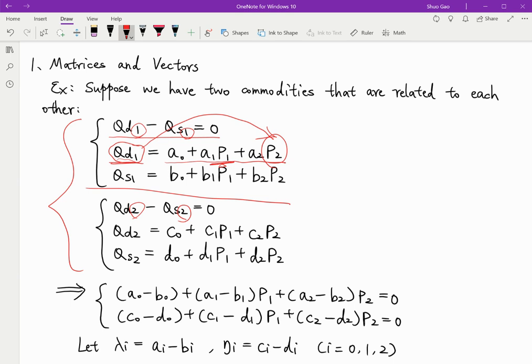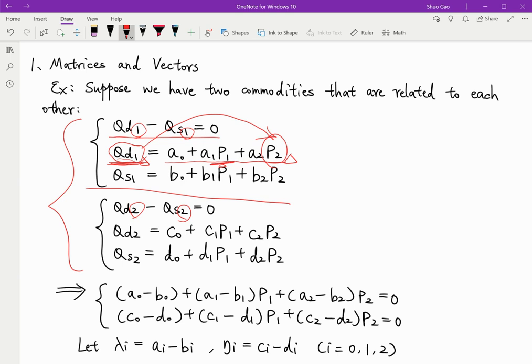So you can think of an example of a table and chair. The price of the table and the price of a chair may be related to each other, right? If you increase the price of a chair, for example, you may also increase or decrease the quantity demanded of the table. So that's why the prices of the two commodities are related to the quantity of the first commodity.